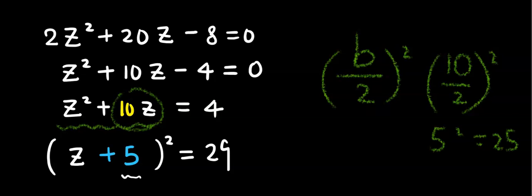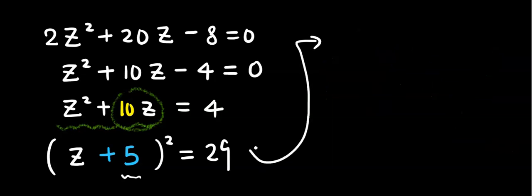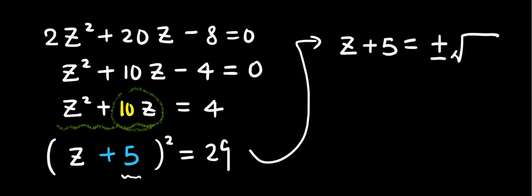You know what's coming. The next step, we're going to take a square root of both sides. Now let us square root both sides, and on my left-hand side, I will have z plus 5. I square rooted, I have z plus 5. And these two guys, they can be released from the parentheses. And the right-hand side has positive and negative square root of 29.